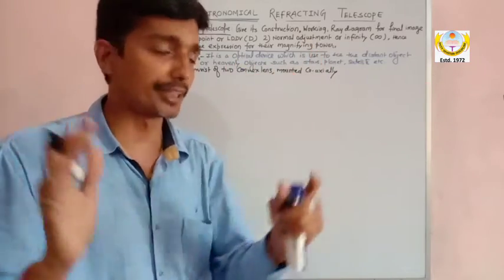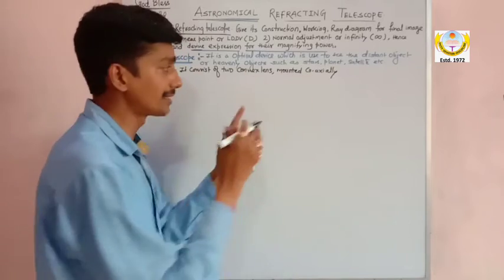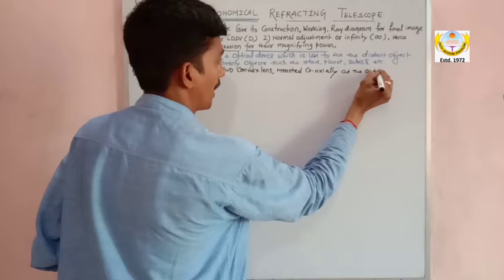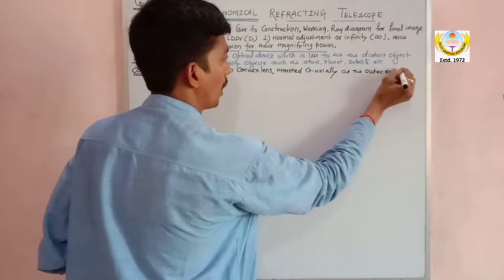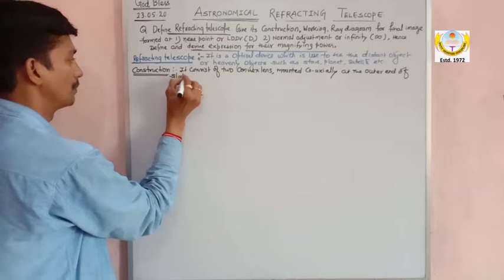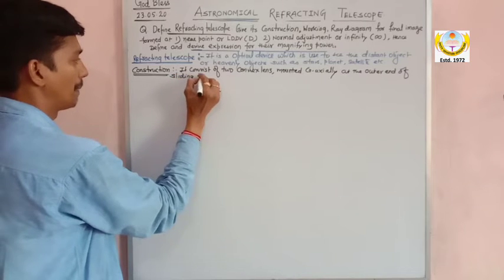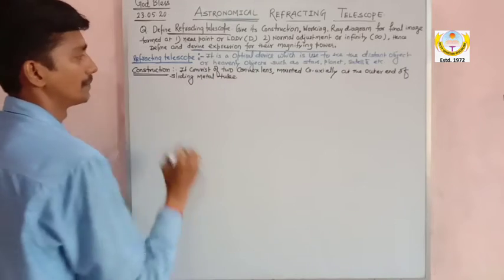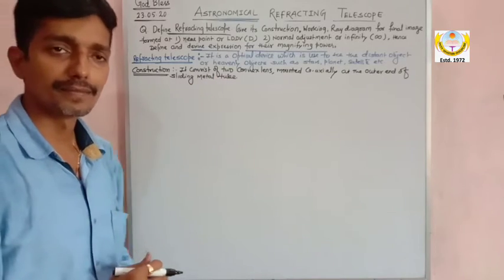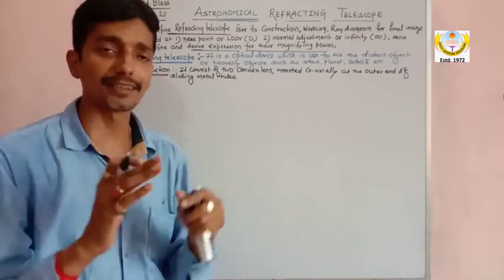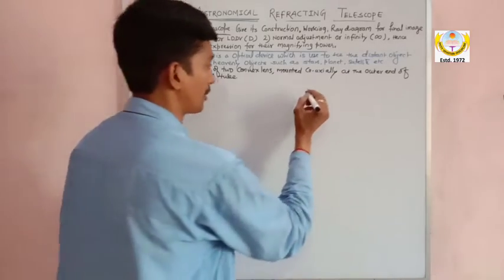So these two lenses are mounted coaxially at the outer end of a sliding metal tube. Believe me, there is one concept of this, I will tell you in a short moment of time.